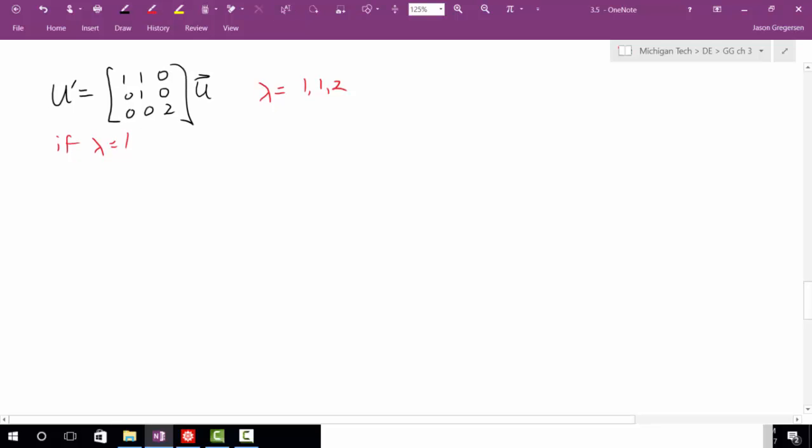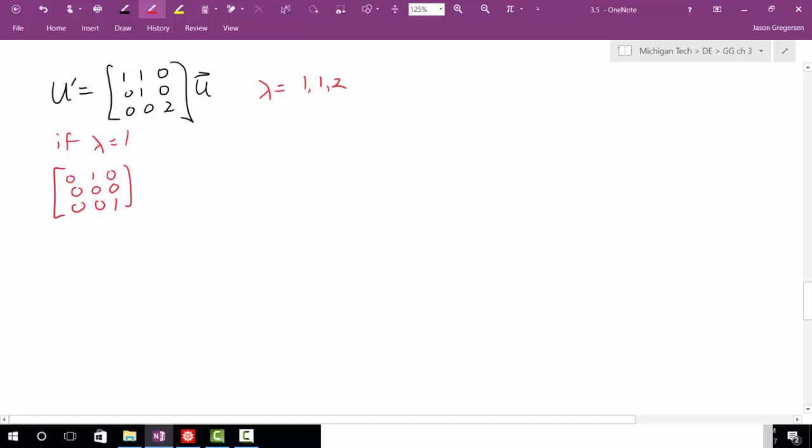All right, so if lambda equals 1, we plug this in. We subtract 1 from the diagonal, I get 0, 1, 0, 0, 0, 0, 0, 0, 1. What are the equations I generate? Looks like I get x2 equals 0.